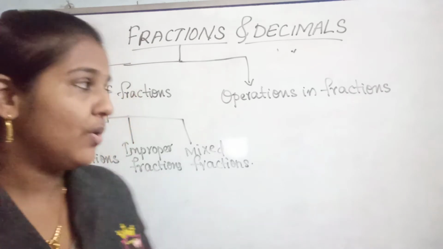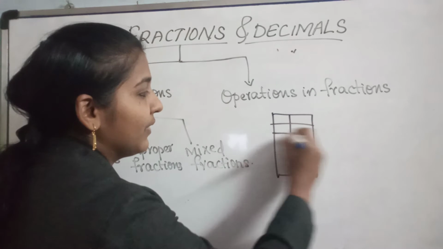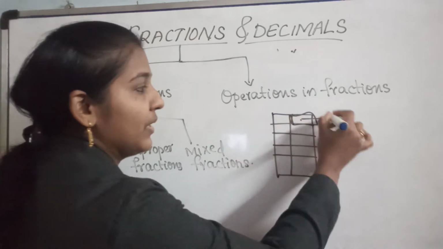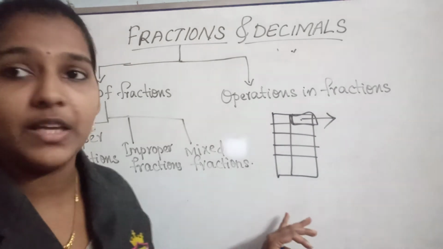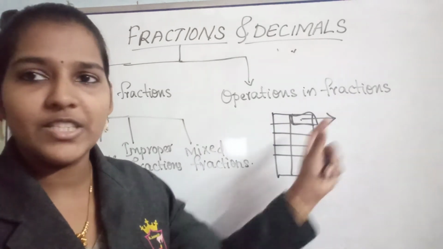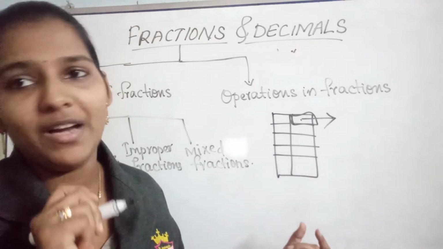So here I am taking a chocolate. If I take one part from this, we cannot say that I took one whole chocolate. It's not a whole chocolate, it is one part of this chocolate.